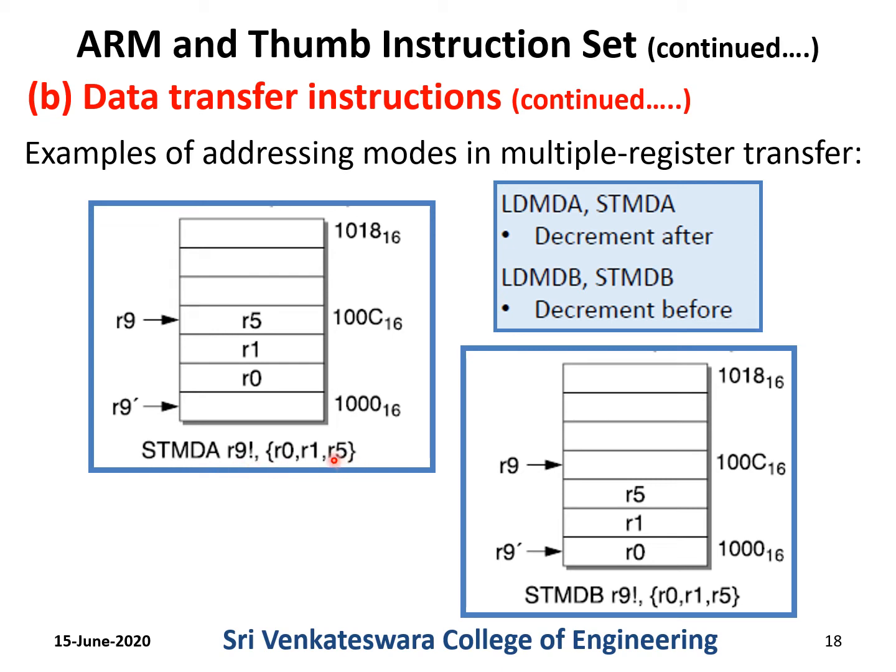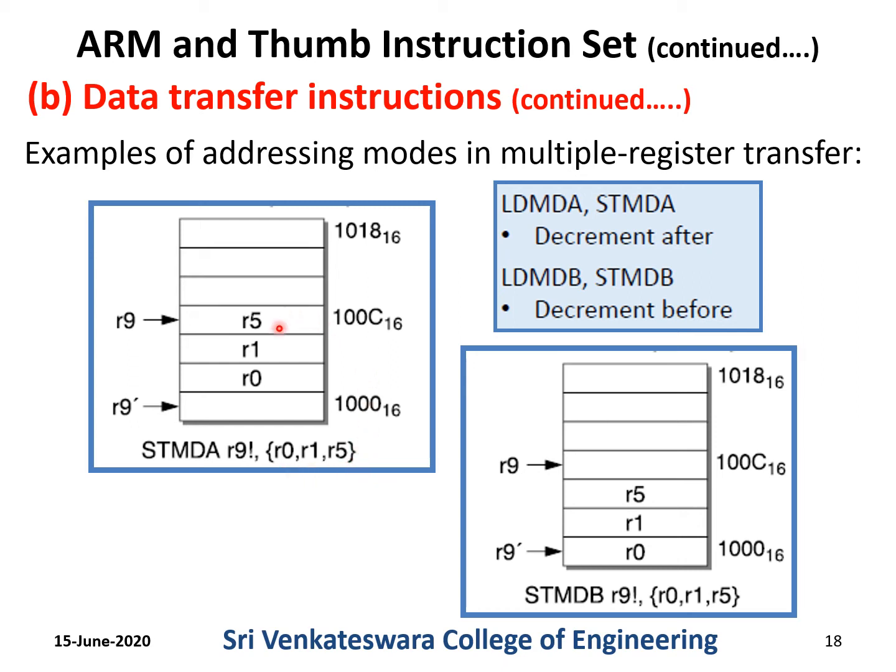It stores R5 content. We know that R9 is initially holding the value 100C. So R9 points to this location where R5 is first loaded. In this kind of decrement after instruction, the register contents are stored from right to left.